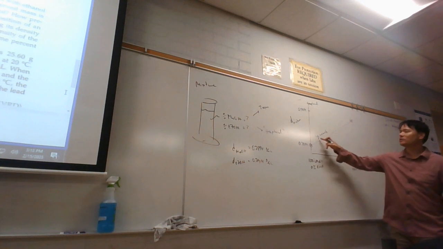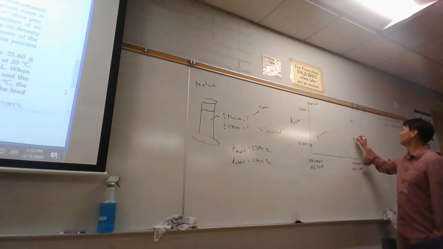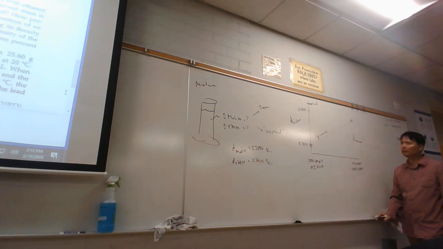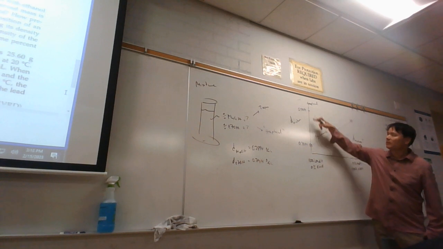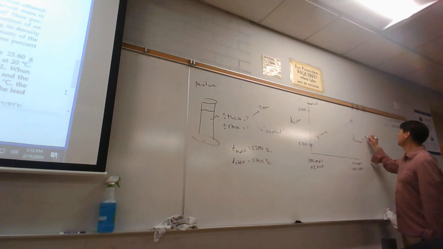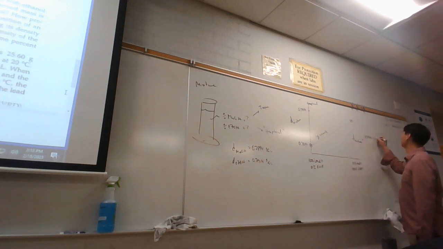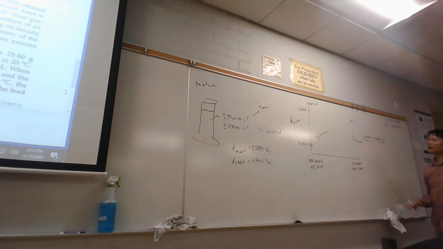And so y is going to be the density of the mixture. So we have the density of the mixture is equal to the slope. The slope is going to be delta y, and delta y is 0.7914 minus 0.7894 grams per milliliter of the mixture, divided by delta x.